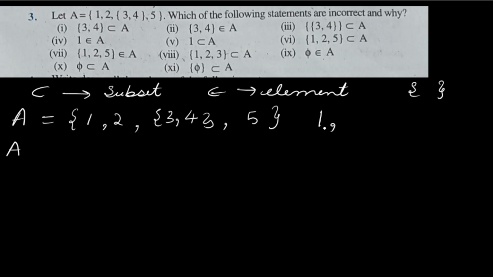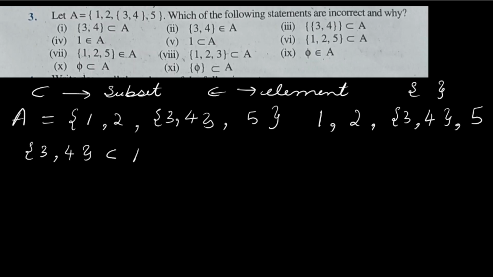So 1 is an element of A, 2 is an element of A, then this set {3, 4} is an element of A, and 5 is an element of A. Now let's do this question. So first one is {3, 4}. {3, 4} is a subset of A. See, I have written this in elements of A.